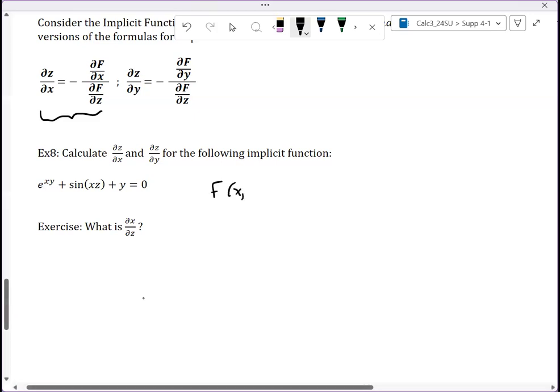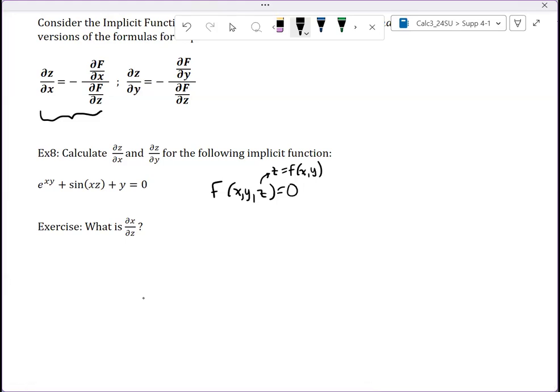We said that we have F(x, y, z) equals 0, where we're thinking of z as some function little f of (x, y). So I'm thinking in this case of x and y as being my independent variables and z as being dependent on those.